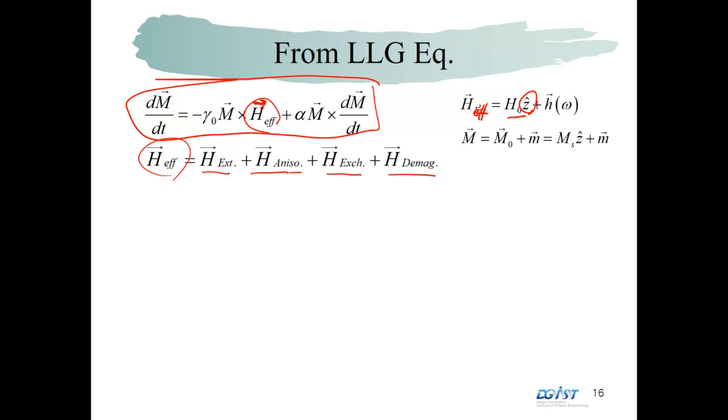Then the direction of the effective field, let's say the z direction, means the energy minimum point. And the magnetic moment M is also pointing in the z direction. Without disturbance, it's the ground state, so everybody is happy. And with the small external magnetic field, there is some small excitation. That's what we are interested in.